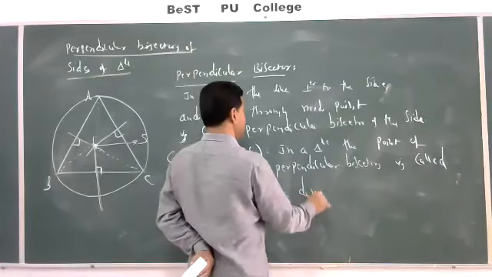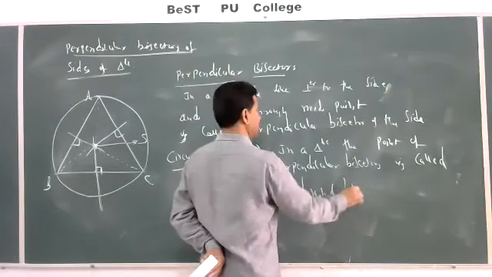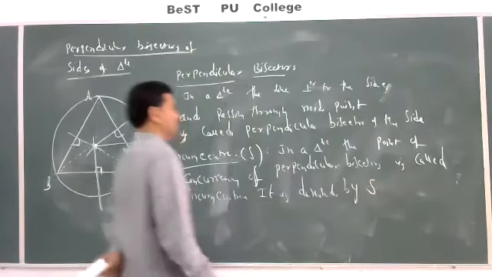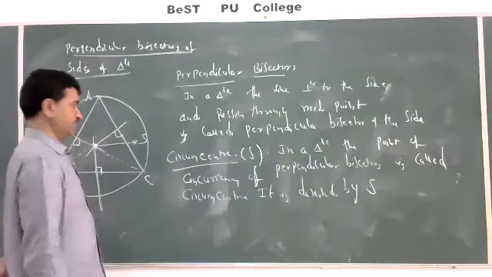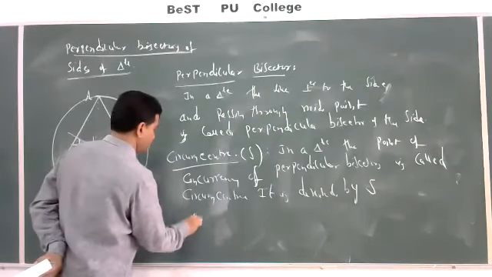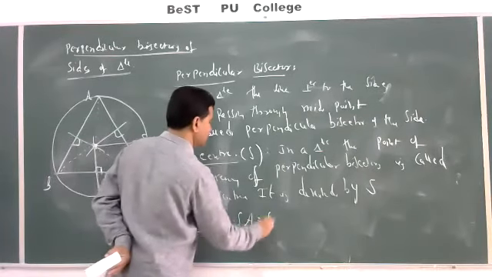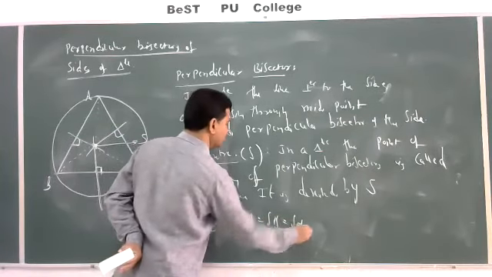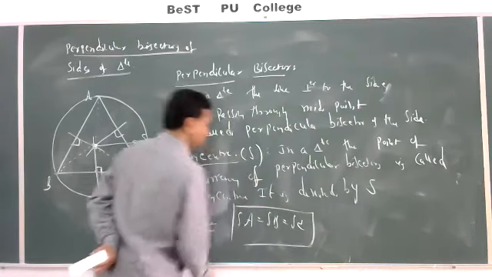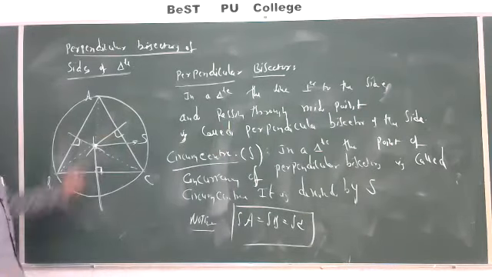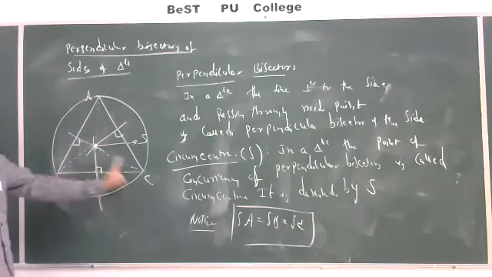It is denoted by S. And note the main property of S: SA is equal to SB is equal to SC. This is the main property of the circumcenter.